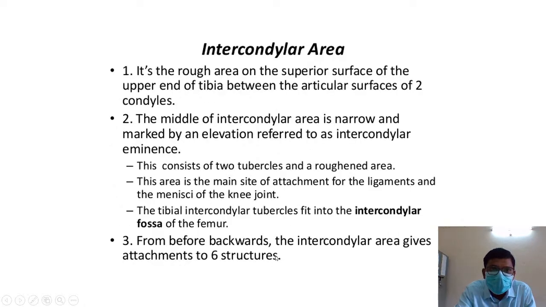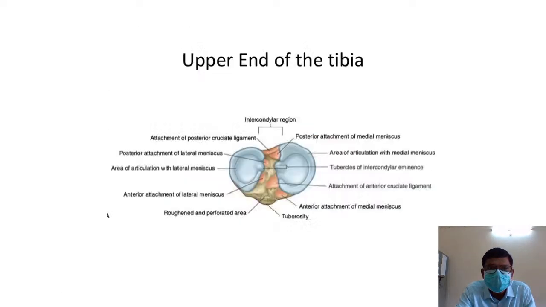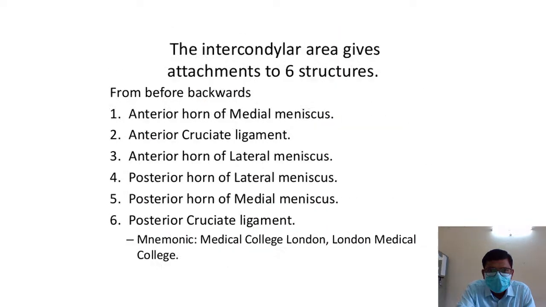I will just show you this one again in this picture to make it clear. Yes, this is the anterior end of the tibia, where the tibial tuberosity can be seen, right? So we start from before backwards. Medical College London and London Medical College, right?